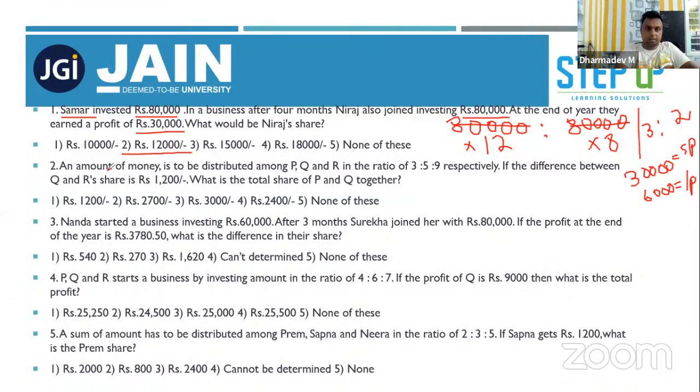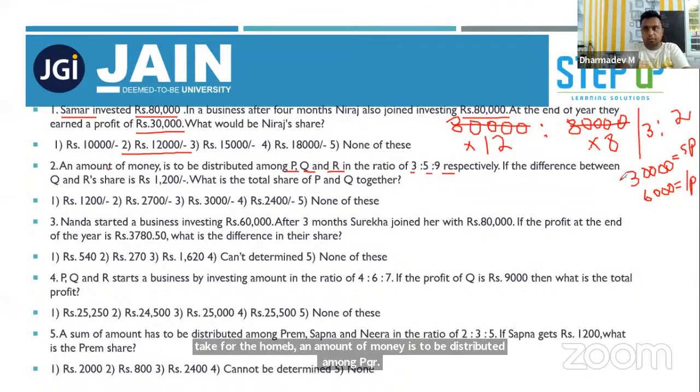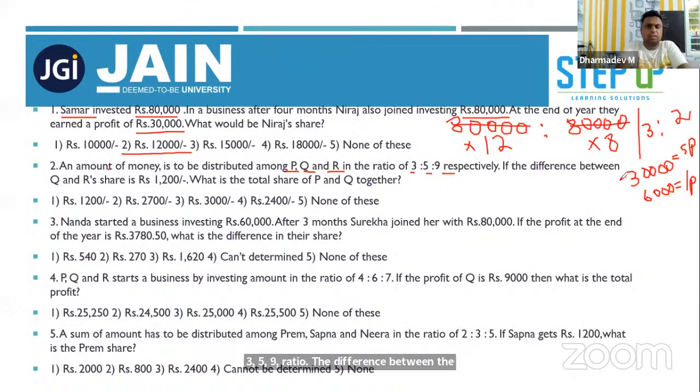Okay, second question. Just try the second question. Maybe the rest you can take for homework. An amount of money is to be distributed among P, Q, R in the ratio 3:5:9. The difference between Q and R is 1,200.